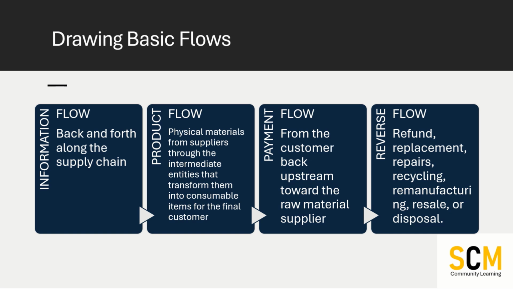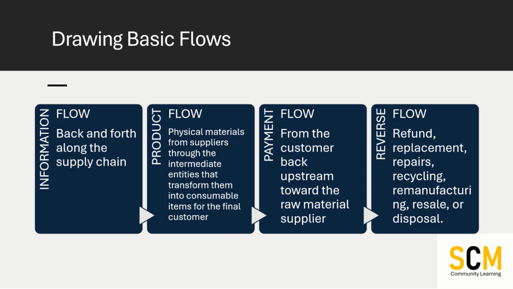About information, we need to know that it goes back and forth along the supply chain. We need to have information from the supplier to the customer and back. About product, we need to know where the physical material goes, from suppliers through the intermediate entities that transform it into consumable items for the final customer.